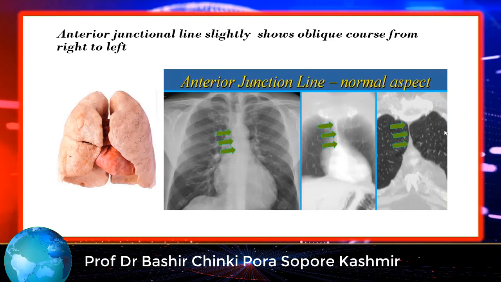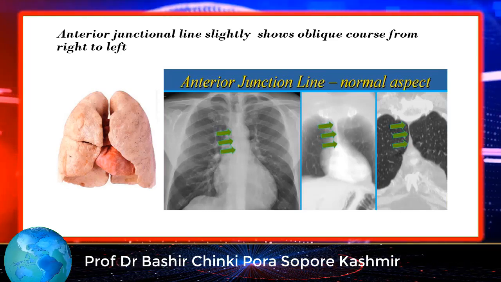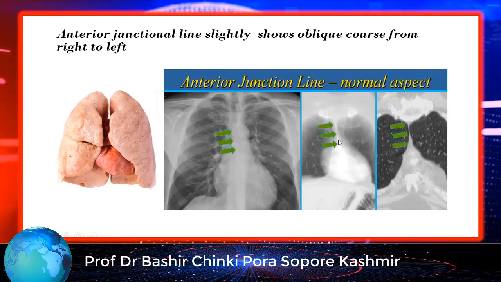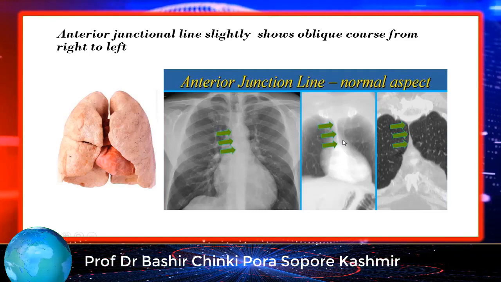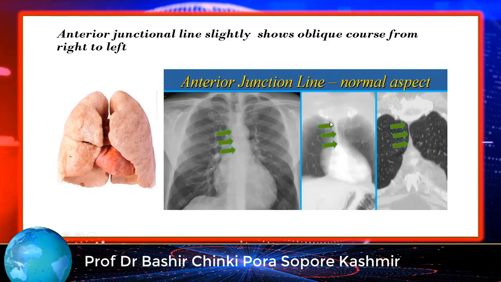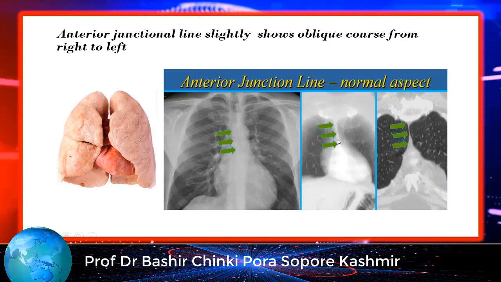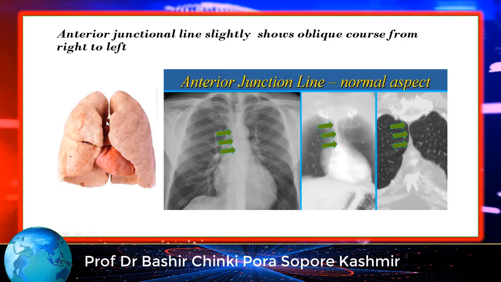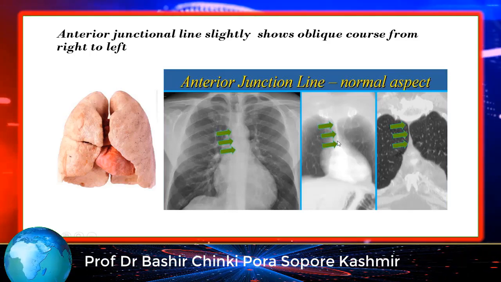And this can be shown on the X-ray here. This is the anterior junctional line, between the two lungs.